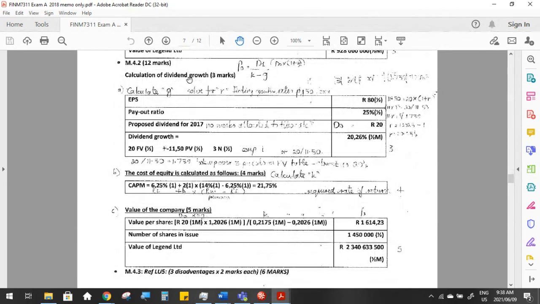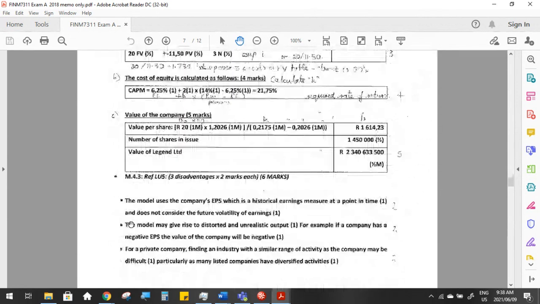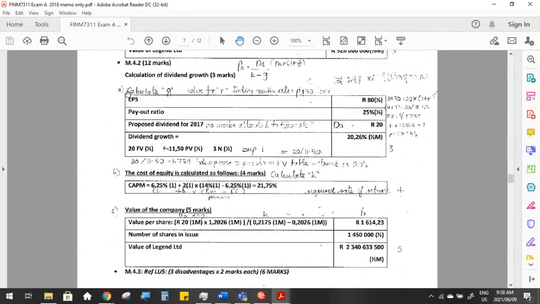Then calculate the value of the company using the dividend growth model. There are 3 sections to doing this question. I've split it here between calculation A, B, and then C. So firstly, using the dividend growth model, this is the formula here, P0 equals D1 over K minus G. Because they didn't give us any information about an initial growth percentage and a terminal growth percentage, we can only calculate one growth percentage, which means we have to use the constant growth model on your formula sheet.